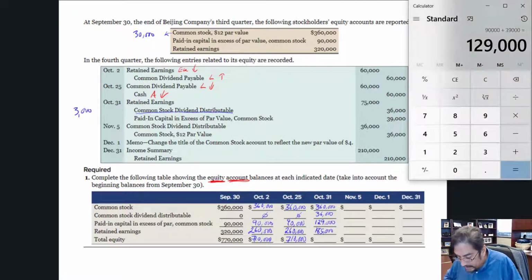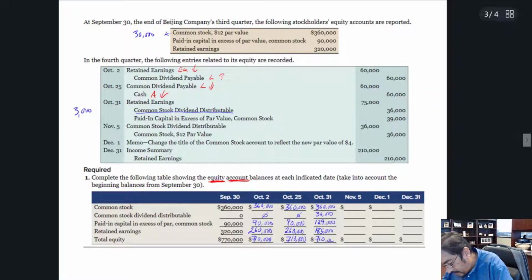And our total equity is the $360 and the $36, $129 and $185, $710. The total is the same amount as October 25th, because all we've done with the October 31st journal entry is move balances around all within the equity section.